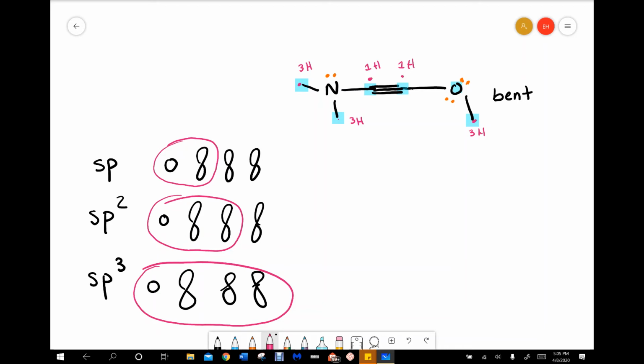Okay, so now right quick, let's go back and review how to determine whether an atom is sp, sp2, or sp3 hybridized.